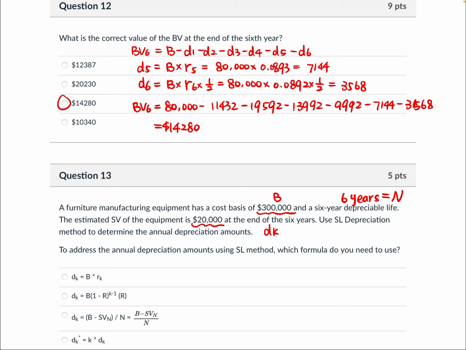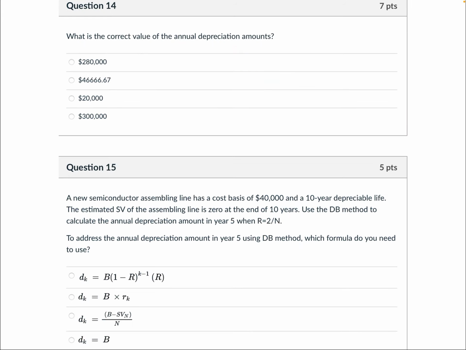To address the problem, which formula do you use to calculate DK? So we have learned that the formula is this, right? B minus SVN over N. What is the correct value then? Just substitute the letters with the values.